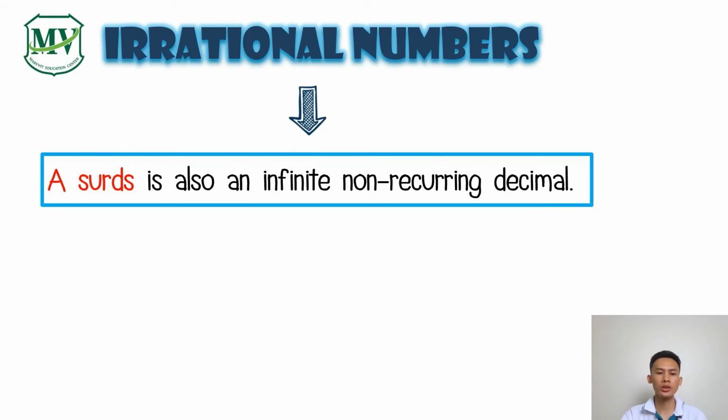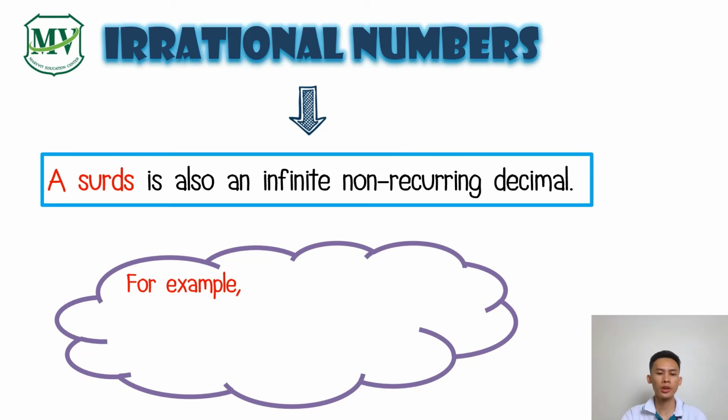A surd is also an infinite, non-recurring decimal. For example, square root of 3 is equal to 1.732050 and so on. Square root of 5 is equal to 2.236067 and so on.